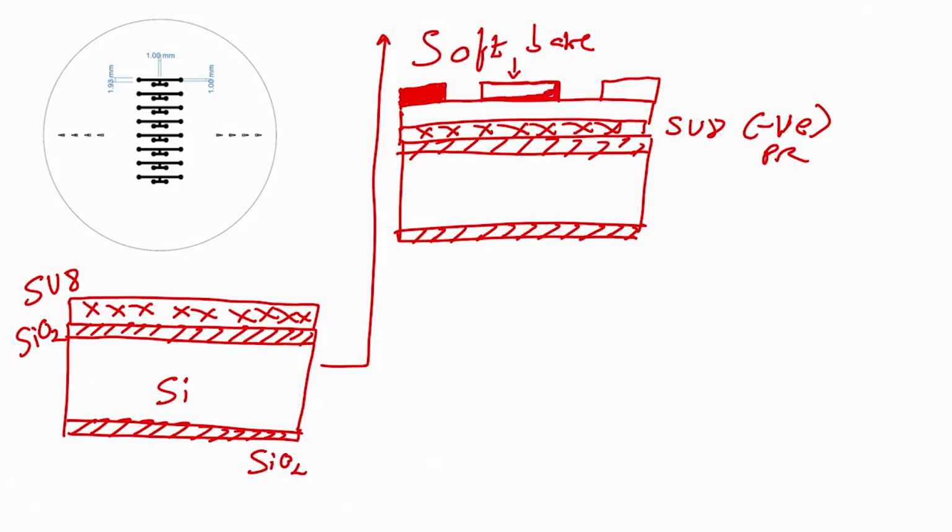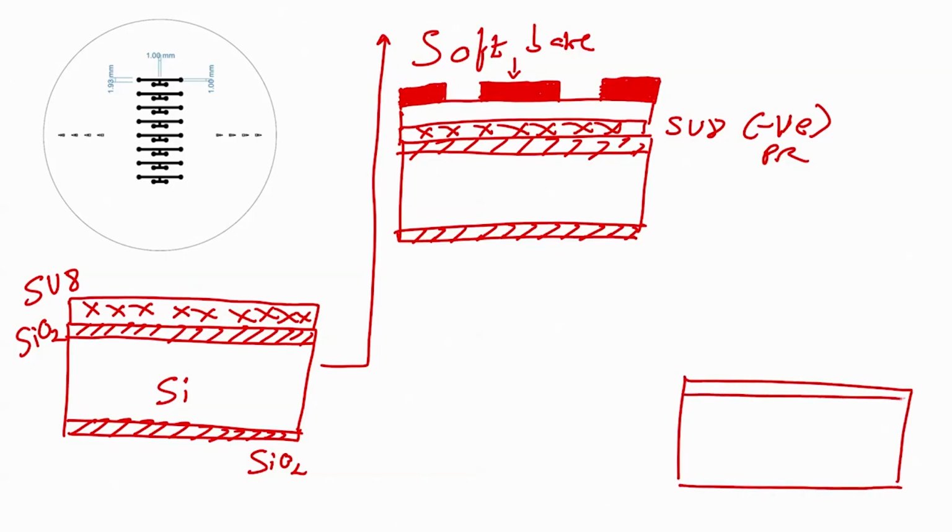We can use bright field mask, or alternatively we can use dark field mask, such that we can have a pattern that looks like the one I am drawing here.